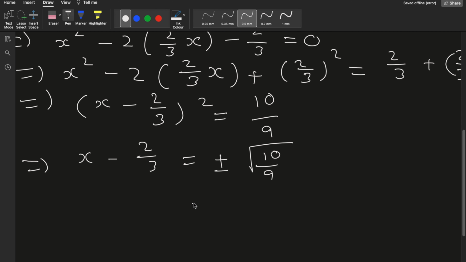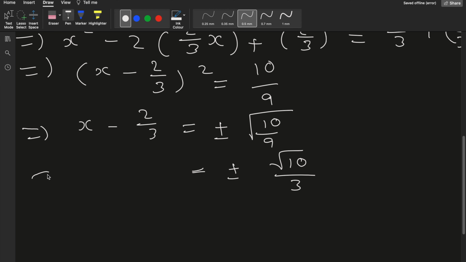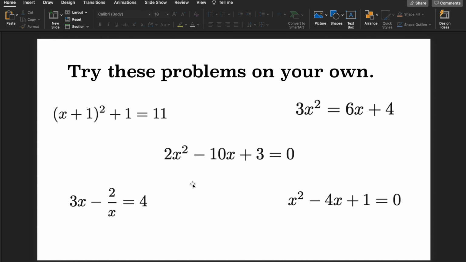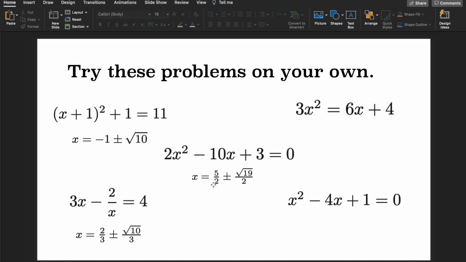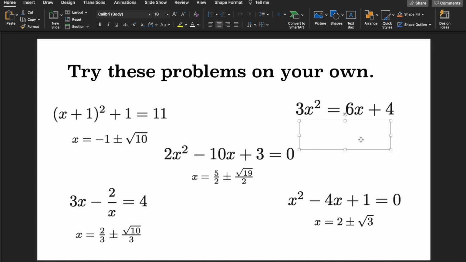Square root of 10, I will write it as square root of 10 itself, divided by 3. And now we'll transpose this term to that side. Implies x equals 2 divided by 3 plus or minus square root of 10 divided by 3. So that's our final answer. Okay, now I'll reveal the answers for the rest of them.